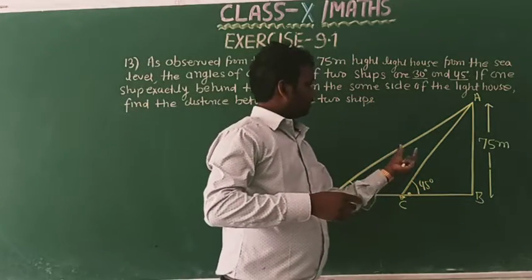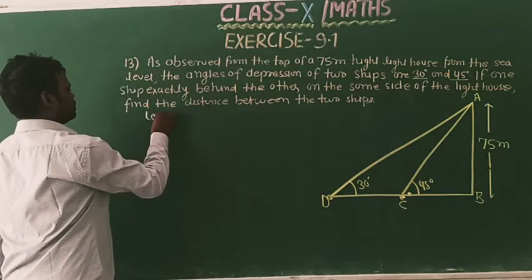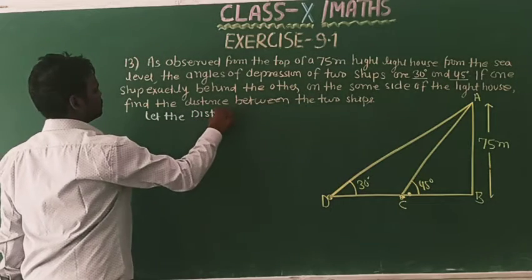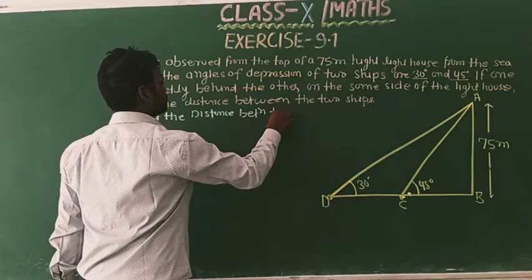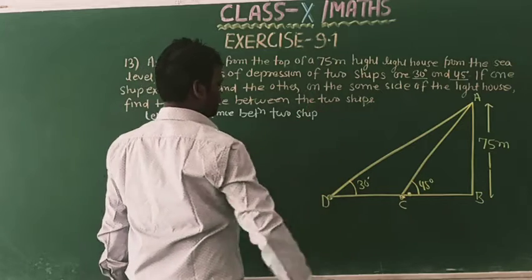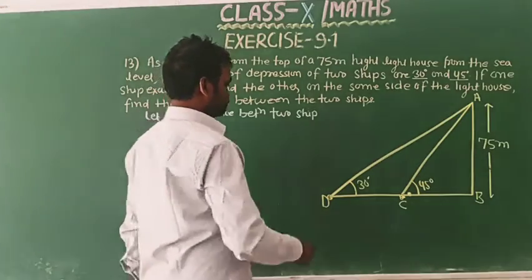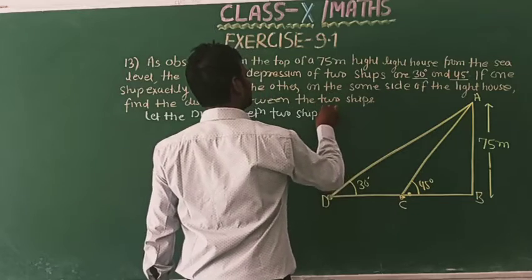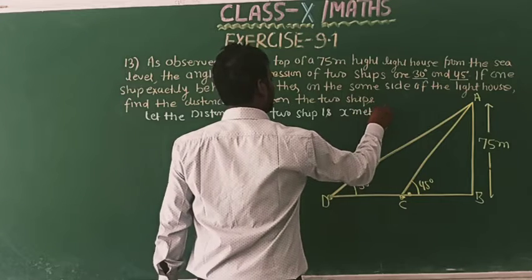So let the distance between the two ships be x meter.